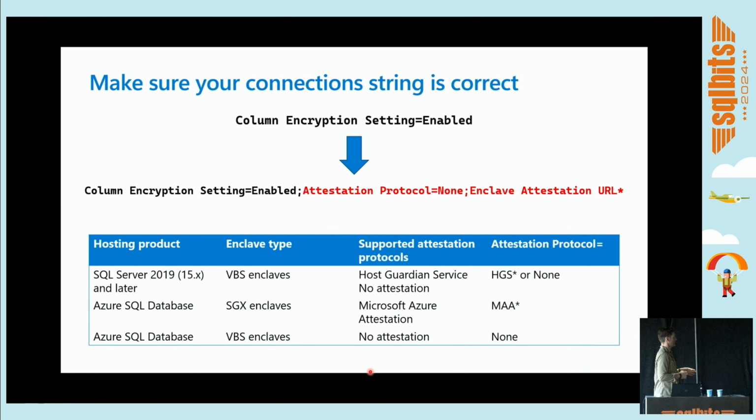If you use SQL Database and you're using SGX enclaves, then you have to use Microsoft Azure Attestation, and you need to put MAA in your attestation protocol. If you use VBS enclaves, like I did in my demo, then we do not support attestation, and you need to specify none. If you specify none, you don't need to specify the enclave attestation URL. Otherwise, you need to do that. Okay? Cool.